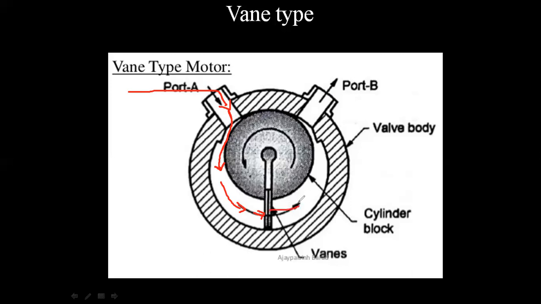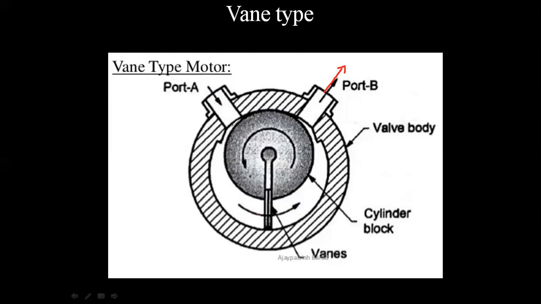When it rotates, it blocks the way of the fluid flow, so the fluid goes in this direction, and as the cylindrical block keeps rotating, the liquid is fully displaced out of this chamber through port B.